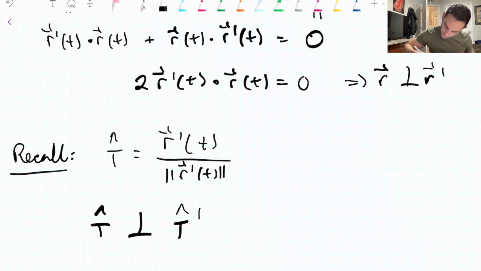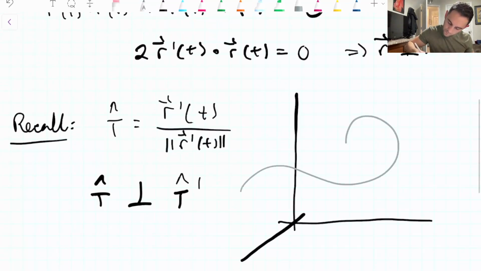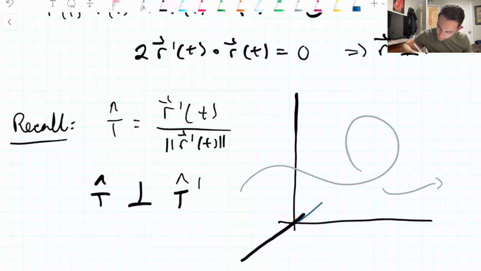So if I draw a diagram of my vector valued function in space, there's my curve parametrized through space. I have the position vector there pointing up to the curve.